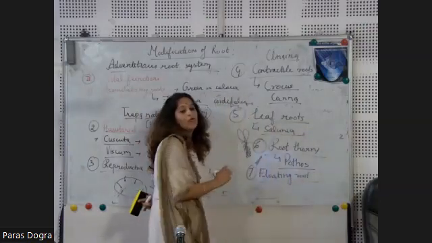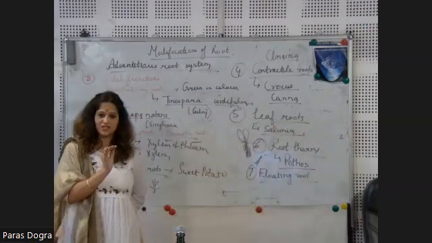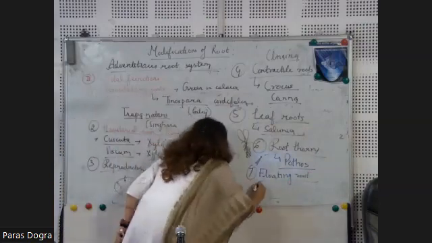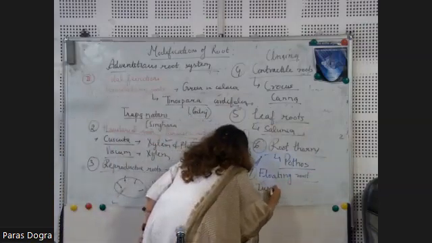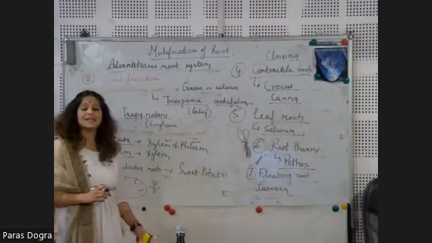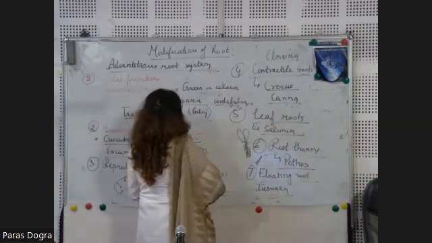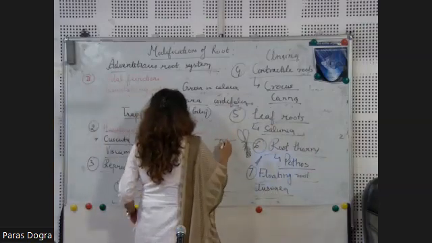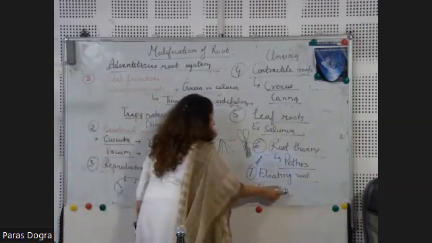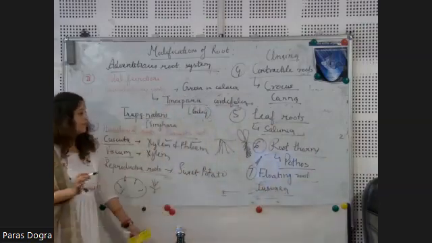Floating roots, as the name suggests, as in the case of Jussiaea, which is an aquatic plant, let me tell you.